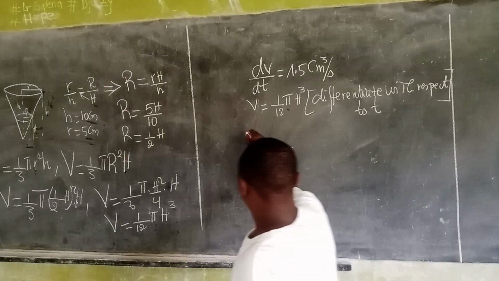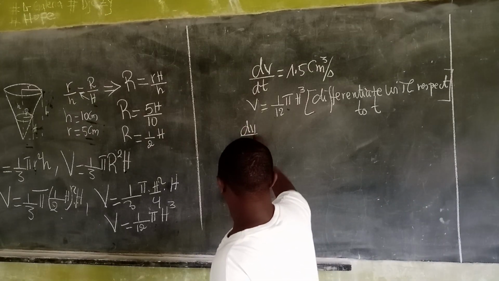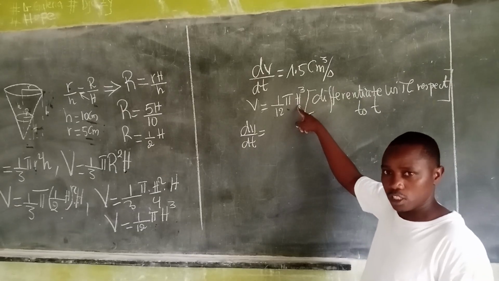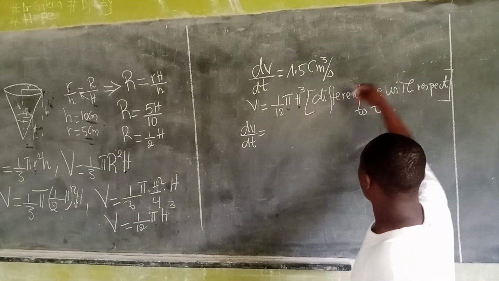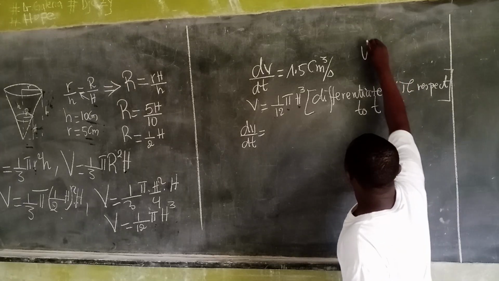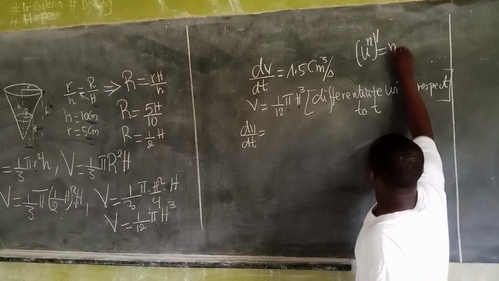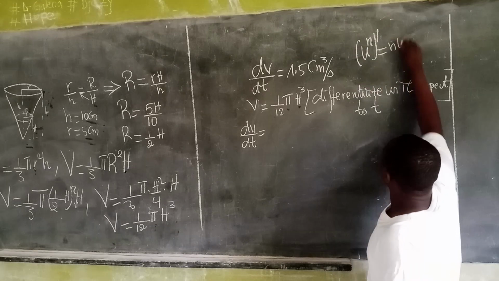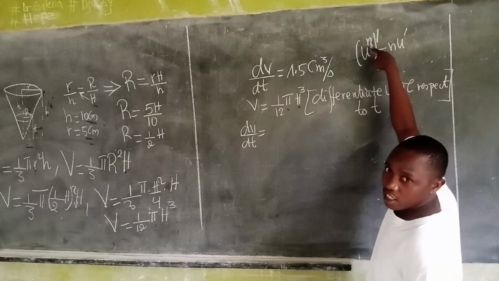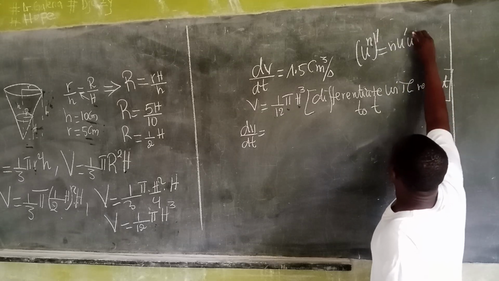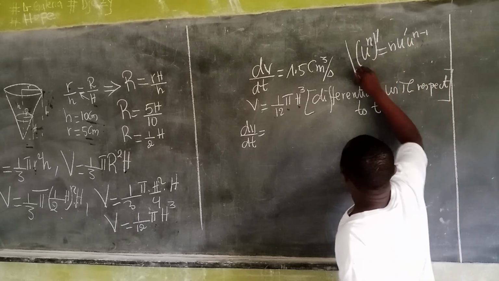What do we get? The change in volume with respect to t, we will differentiate this with respect to t. According to the formula, when you have u power n and differentiate it, we bring down the n, we differentiate u, and then we multiply by u power n minus 1.